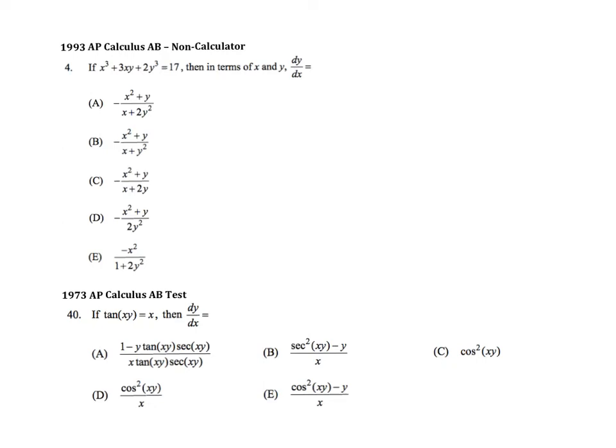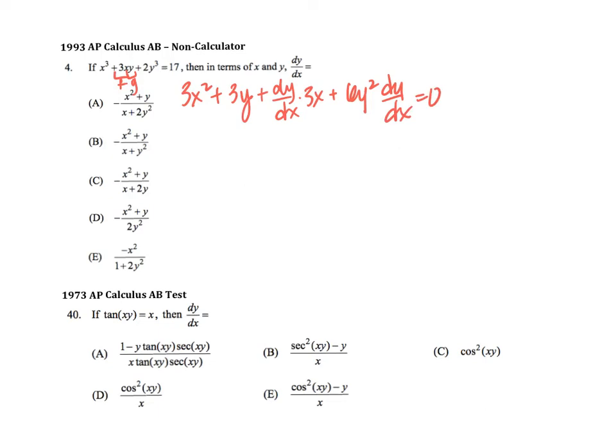The derivative of x cubed is 3x squared. I'm going to use the product rule here. The derivative of f would be 3, leave my g. G prime would be dy/dx, leave my f. The derivative of 2y cubed is 6y squared dy/dx. The derivative of 17 is 0.